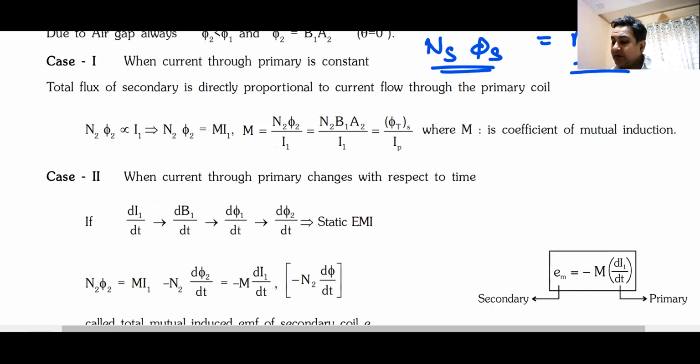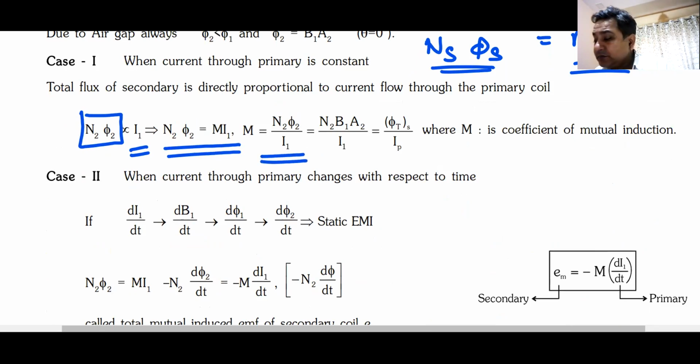See, in case number 1, N_S phi_S, the total flux linked in the secondary coil, is proportional to the current flowing in the primary, or N_S phi_S is M into I1, or the mutual inductance M is N_S phi_S divided by I1. This M is known as the coefficient of mutual inductance.